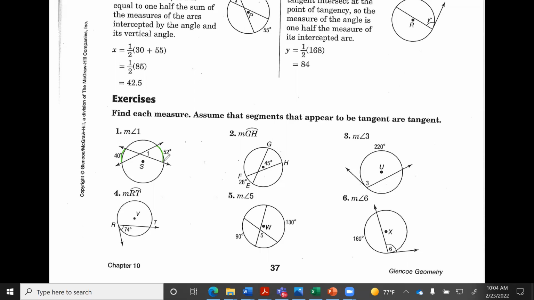But what we do know is the same measure is, again, those 2 in the middle, those 2 vertical angles. So since those are the 2 arcs that they are intersecting, we're taking the average of those 2 arcs. So we have 40 plus 52 divided by 2. 40 plus 52 is 92. 92 divided by 2 is 46.